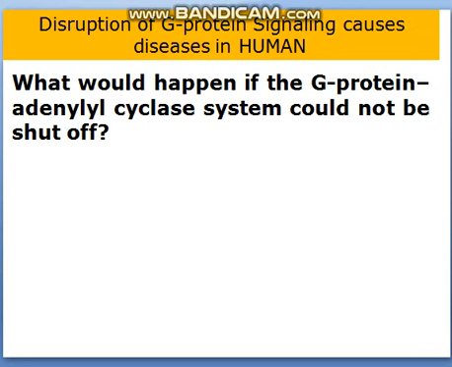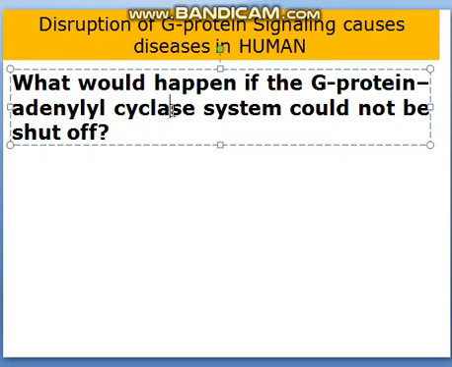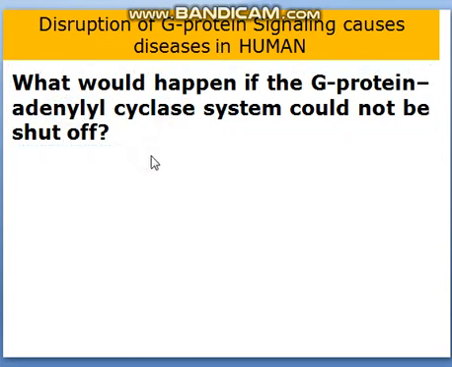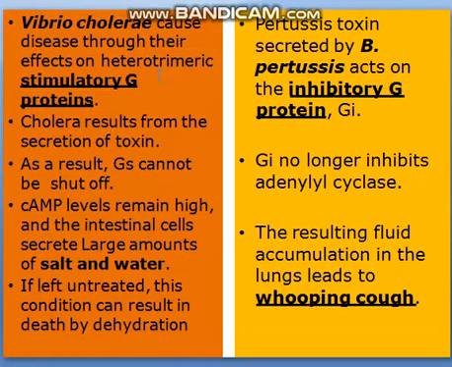Of course, if adenylyl cyclase is present in the active form, it will keep converting ATP into cyclic AMP, and when you have lots of cyclic AMP, they can continue to produce responses through the activation of different proteins in the downstream reactions, right? Here are two examples.